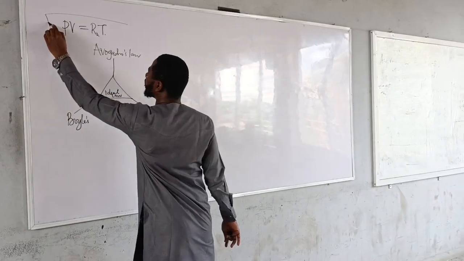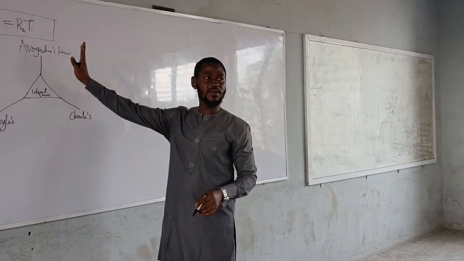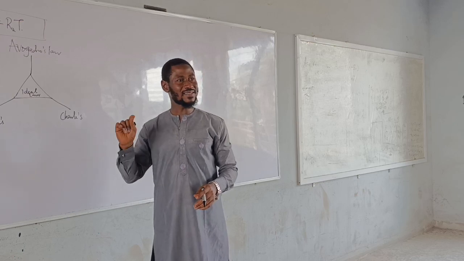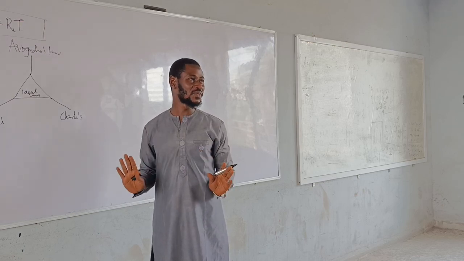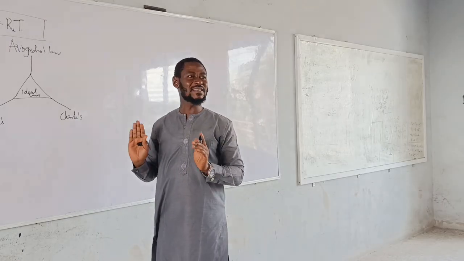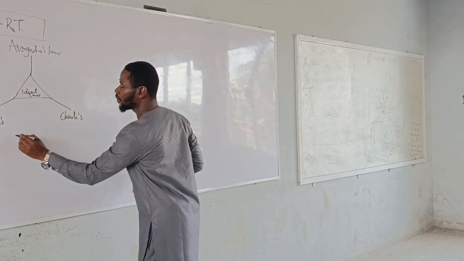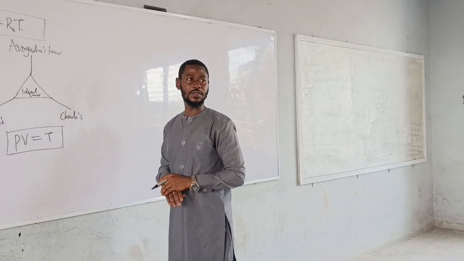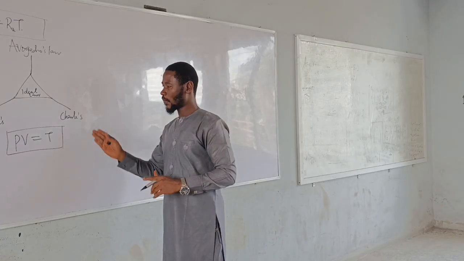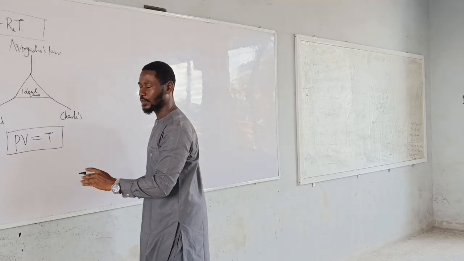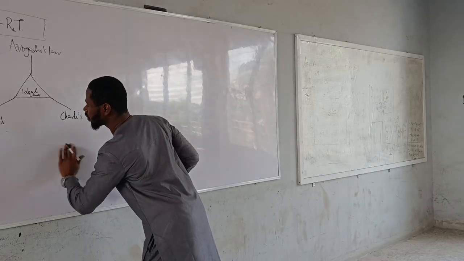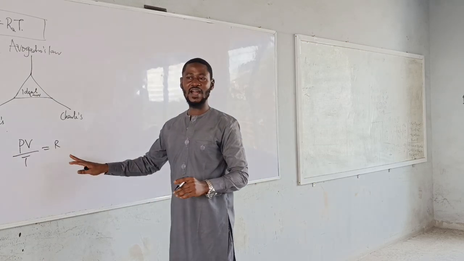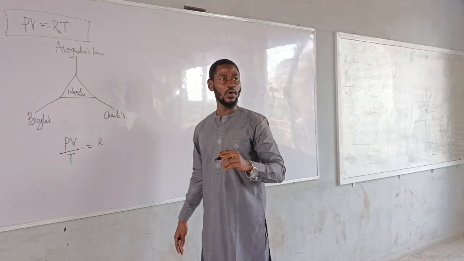Going back to the ideal gas equation, we can reduce some of the terms in this expression. Don't forget that R_u is called the universal gas constant. It is a constant itself. When we make it a constant, you will notice that we are left with PV proportional to T. So when R_u is made constant in that expression, we have the general gas law, which is PV over T equals a constant.